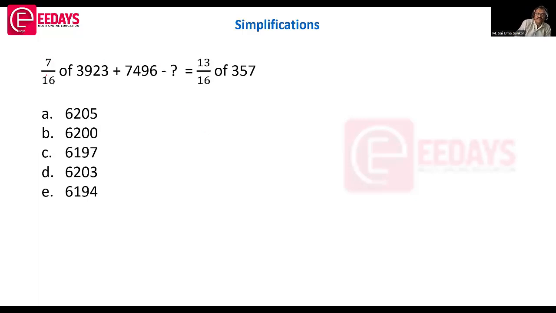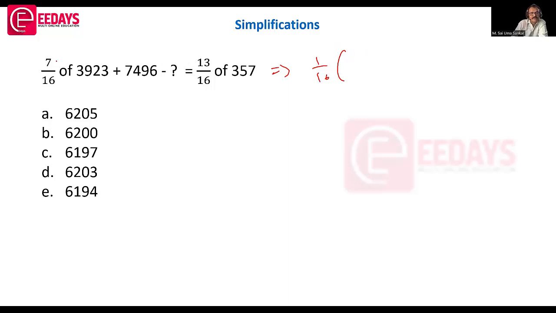Next, 17/60% of 3923 plus 7496 minus is equal to 13/16 of C. Suppose if you change that one, then what happened? This is equal to 7/16 of and 13/16. 1/16 common into 13 minus 7.